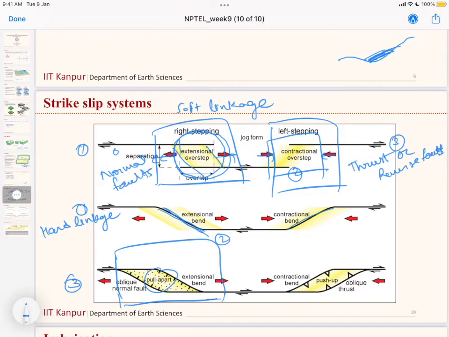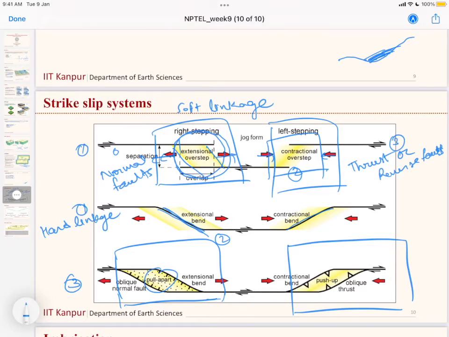Along this pull apart basin there would be normal faults. And why would there be normal faults? We have seen that in the extensional environment normal faults get created. On the other hand, if we see the compressional scenario acting over here, rather than pull apart, what will happen?